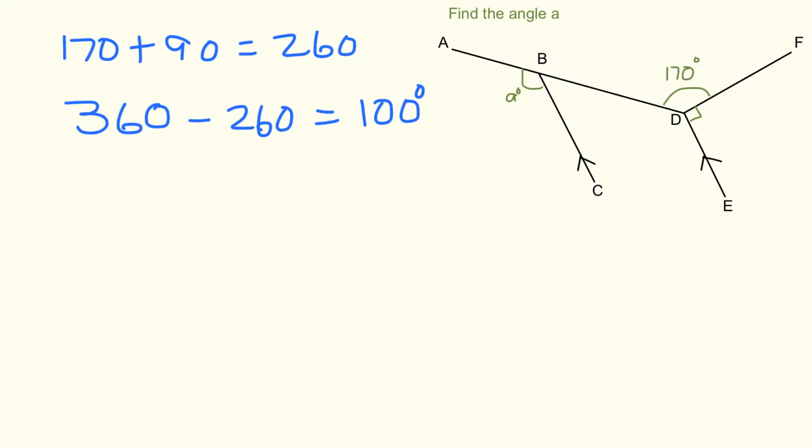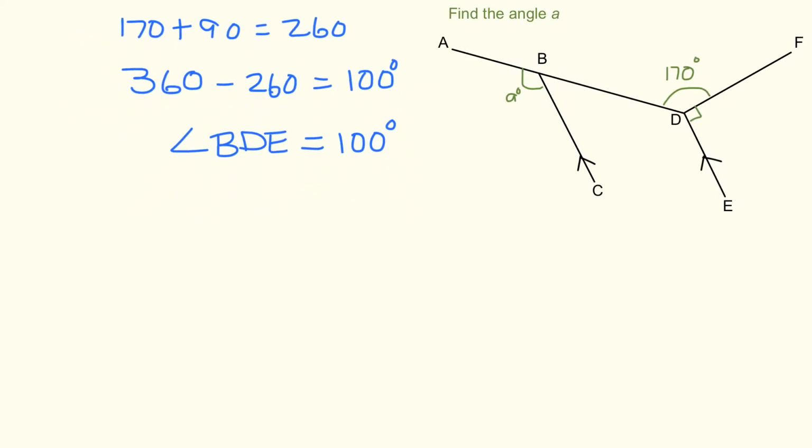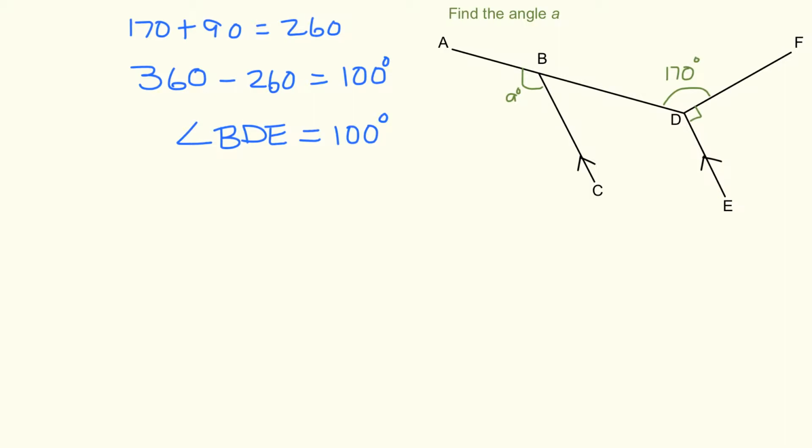So, angle BDE equals 100 degrees. Alright, so I'm just going to shrink that down out of the way a little bit so I have a little more space to work. So that's all good and well. I know what that angle is, but I still need to find that angle there. So I'm thinking about the rules that I've learnt.